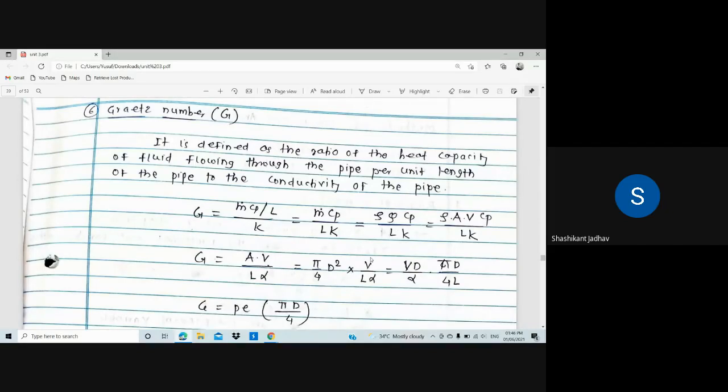It is the ratio of mass heat flow rate by convection to the heat flow rate by conduction under a unit temperature gradient through a thickness L.